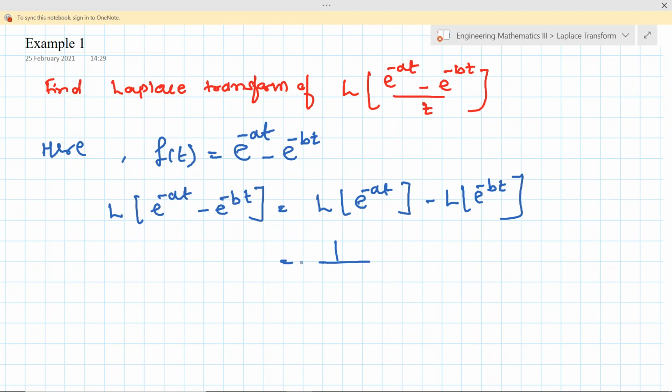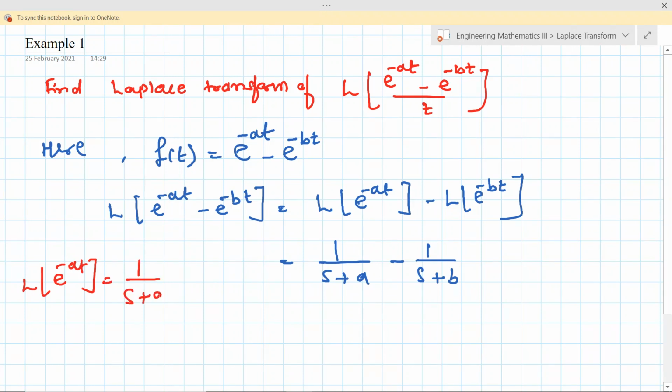Yes, it is simply 1 upon s plus a minus 1 upon s plus b. Because the Laplace of e^(-at) is nothing but 1 upon s plus a. This is the result, and now this is my F(s).